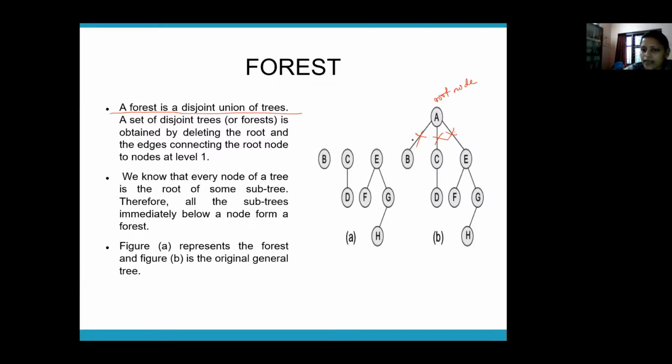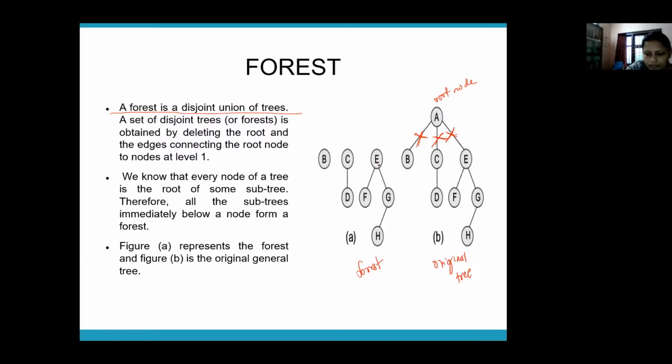B, C and E. If you delete the connection from the root node to its immediate children, what you get is a disjoint set of trees, which is referred to as a forest. So figure A is the forest and figure B is the original tree. In the original tree, if you delete the edges connecting the root node to its immediate children, what you get is a forest of trees. Got it? Did you understand what is meant by a forest?